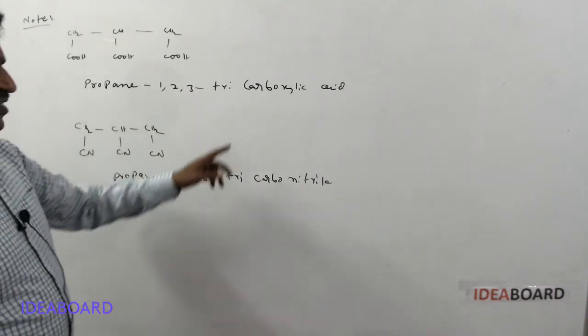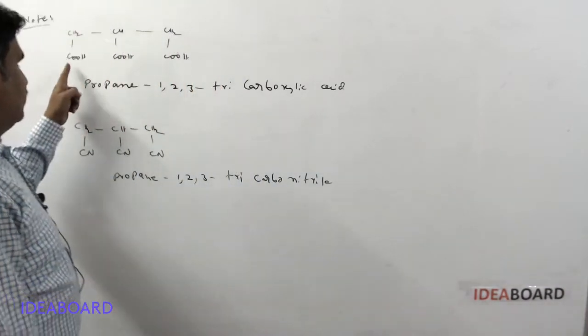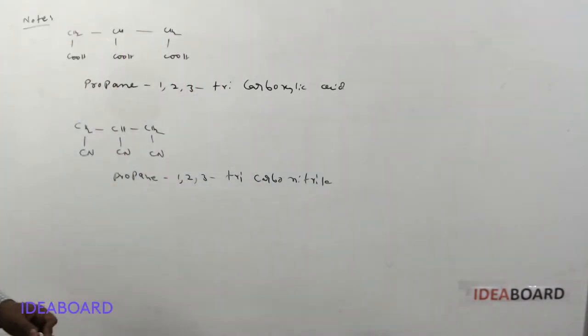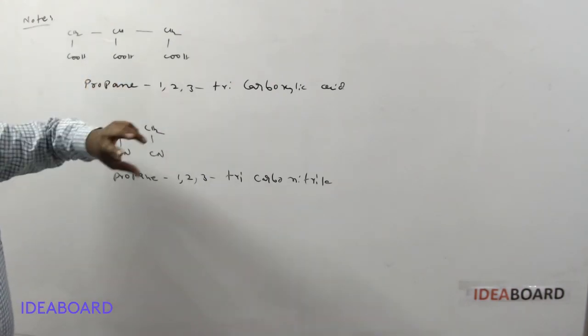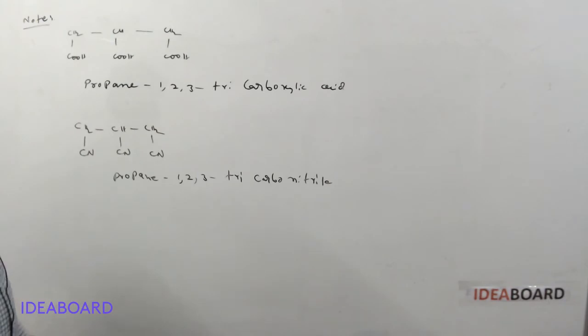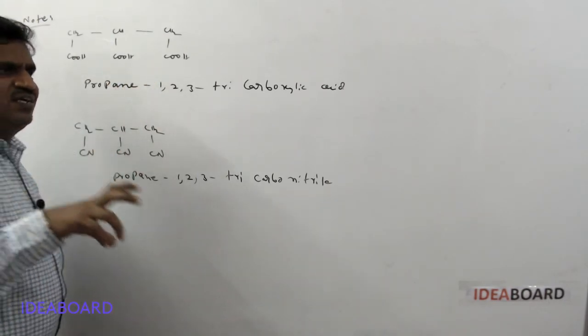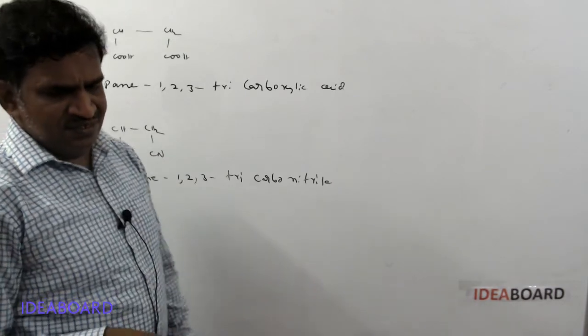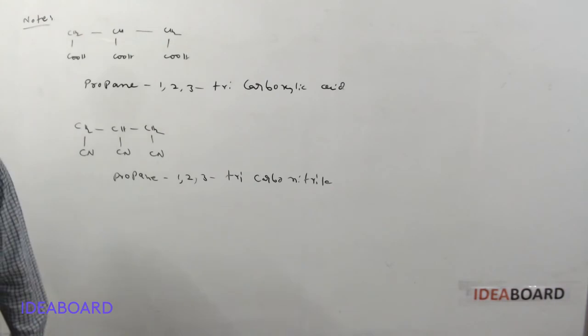So such type of special suffix names are used when you have more than 2 functional groups containing carbon atoms. If OH is there, it is not considered. If COOH, CN, like any carbon containing functional groups are present, then only we use this type of special suffixes.